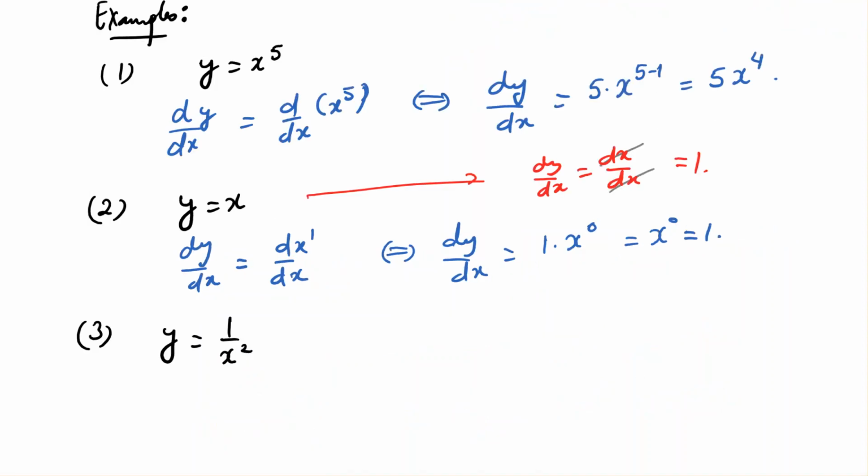Let's try another case, when we have a negative exponent. In this case, we can write this as x raised to power negative 2.